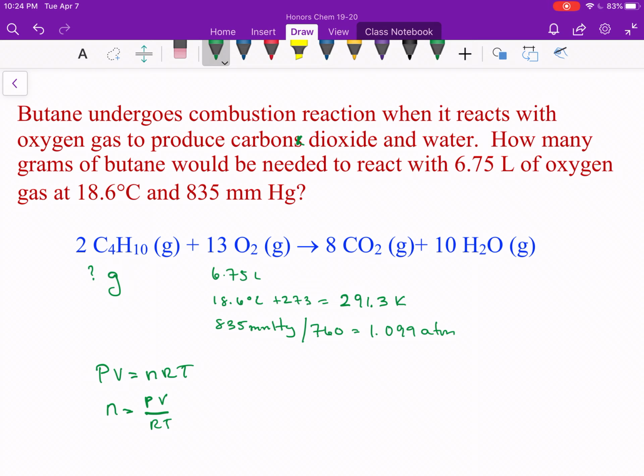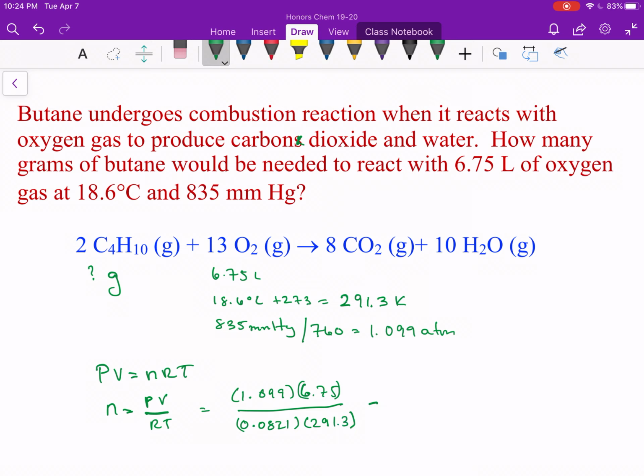So n is going to be equal to my pressure, which is 1.099, times my 6.75 liters, all over R, which is 0.0821, times my temperature, which is 291.3.